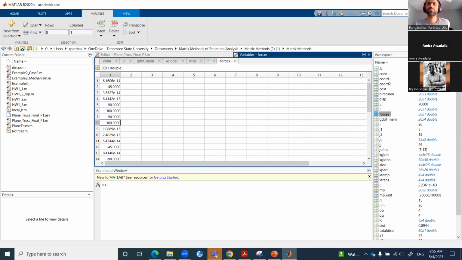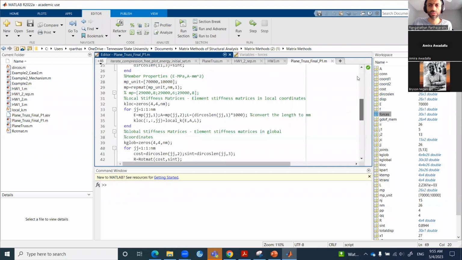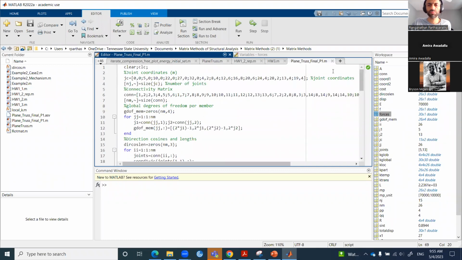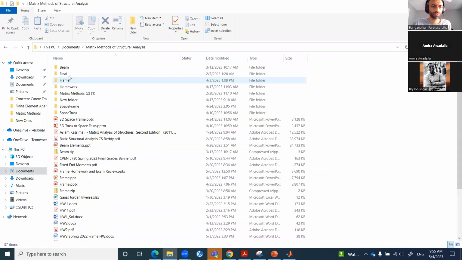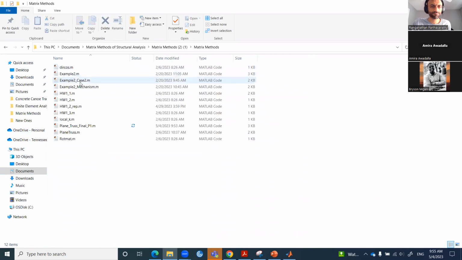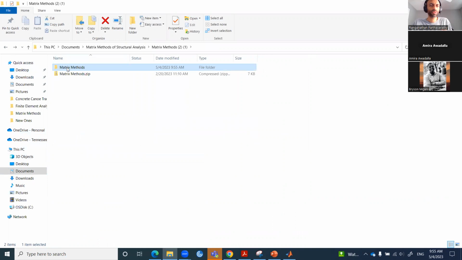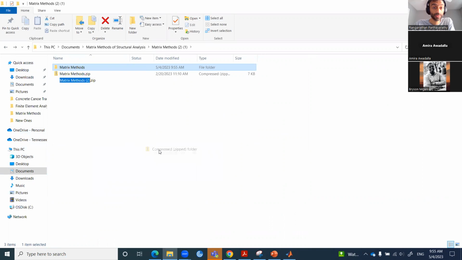Okay. So let me do one thing, Amira. I will send you this problem one, this MATLAB folder. Let me unzip. Let me zip it again. Okay. So it's sent to zip.